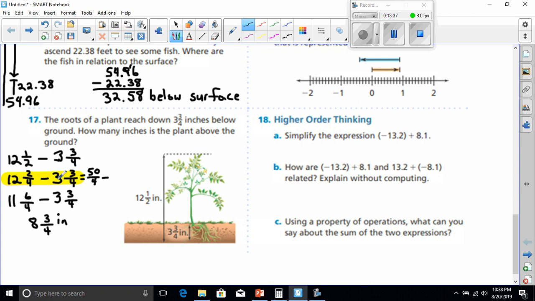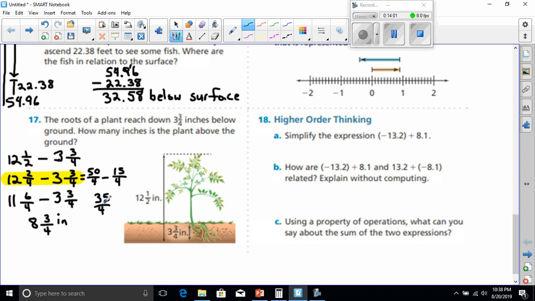So 4 times 3 is 12, and then we add 3, so it's 12, 13, 14, 15. So we're minusing 15 over 4. Now when we do this, we have a whole new set of problems, right? Because 50 minus 15 will give us 35 over 4.